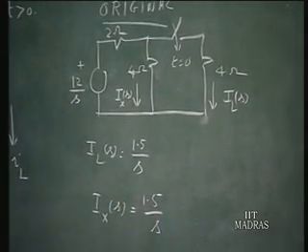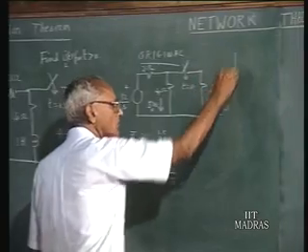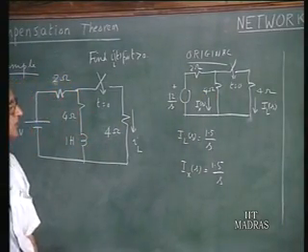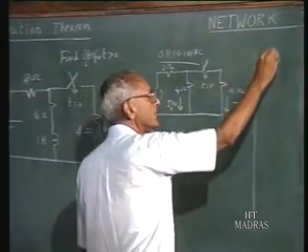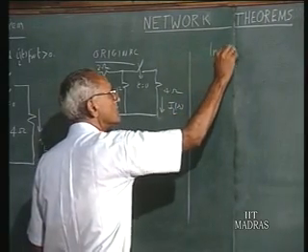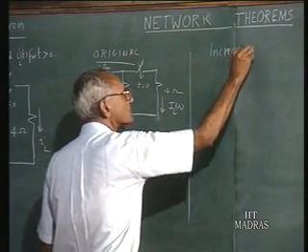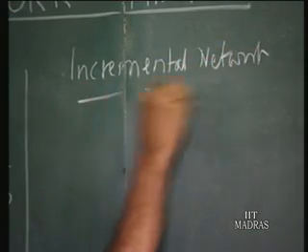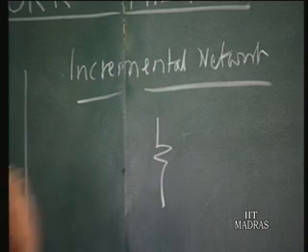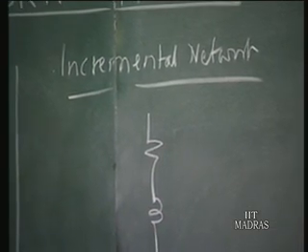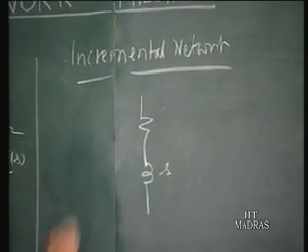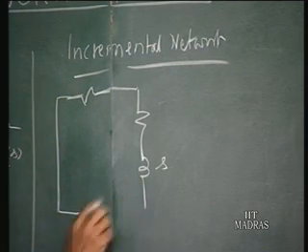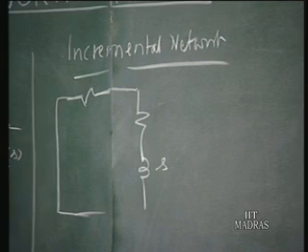This is the original network. Now we want to introduce an inductance in this circuit and find out what alterations are produced here. So in the incremental network, we have this 4 ohms, and an inductance is introduced whose impedance function is S, and this original source is deactivated, that is, it is replaced by a short circuit.